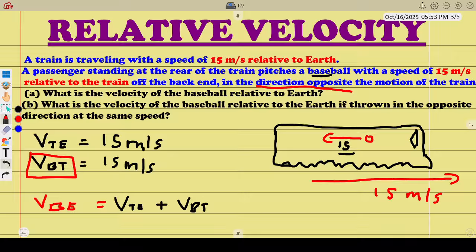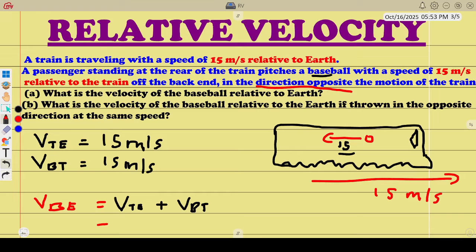It is just like we have two people, one is here and the other one is also here. But in this case, this person has started moving, so there would be some velocity. So this is what these mean, the velocity of the train and the velocity of the ball.